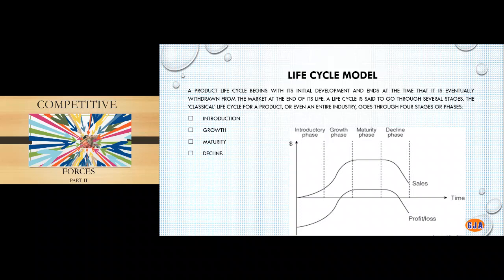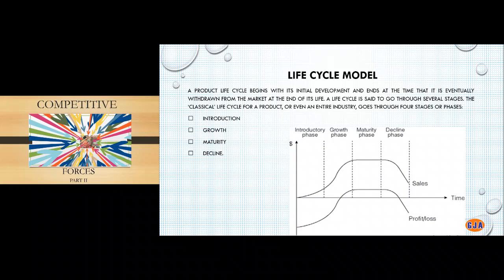So at growth stage, sales begin to grow, new entrants are attracted into the market, and of course our product will start to be profitable. So we've moved from more or less a stagnant profitability, or not even being profitable, from the introductory stage.